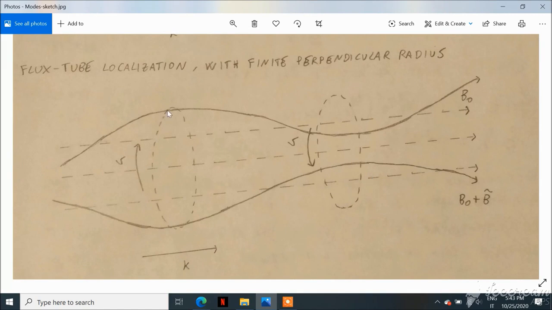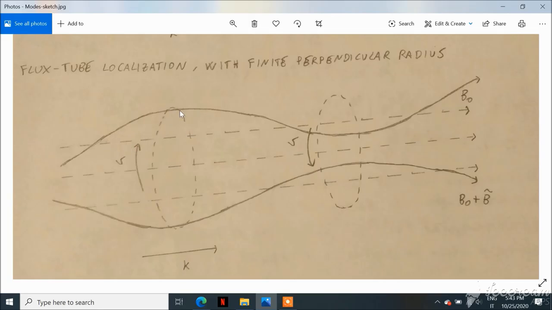If we want to see something a little more complicated, we can see this other situation. In this case, we are in this limit, which I call the flux tube localization, because the dynamics takes place located close to some flux tube, which is defined by this. So we have again our equilibrium magnetic field indicated by the dashed lines.